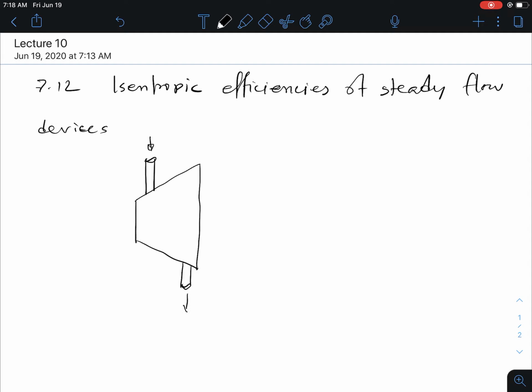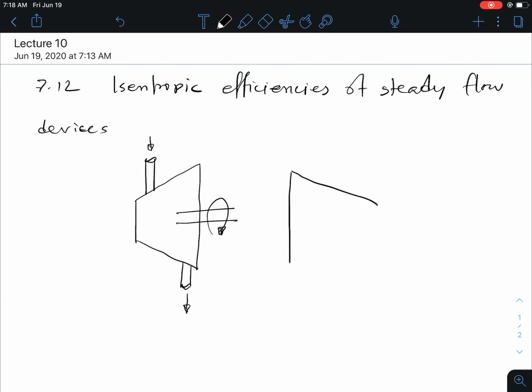So it will keep the steady flow, and in this system it is also producing some work. In the last class we saw how much work is produced by this device. In other words, we saw work producing and also work consuming devices.